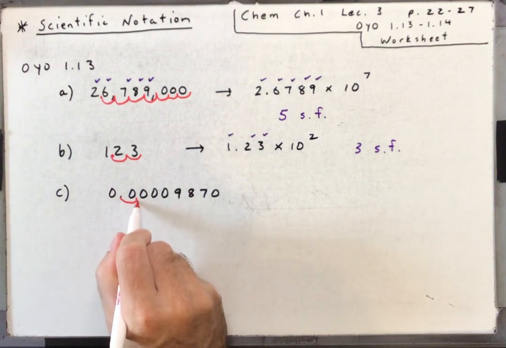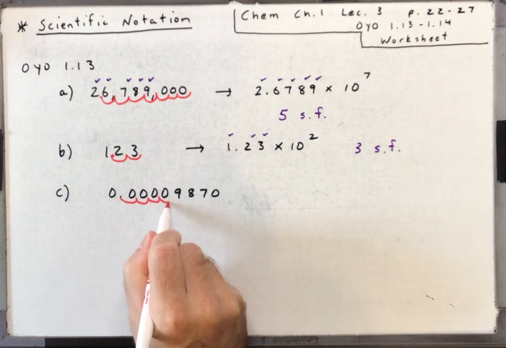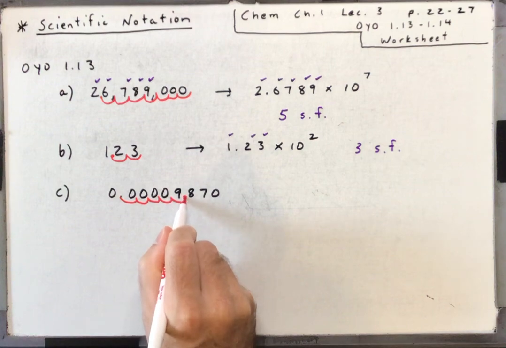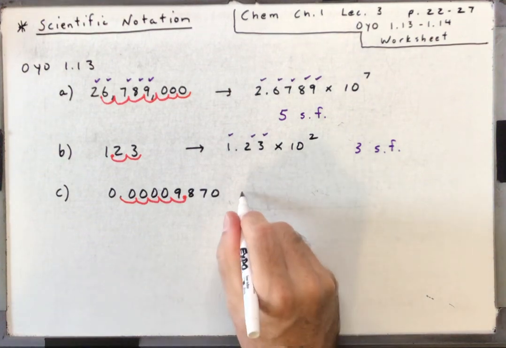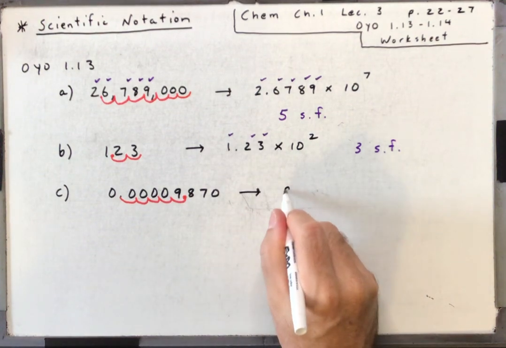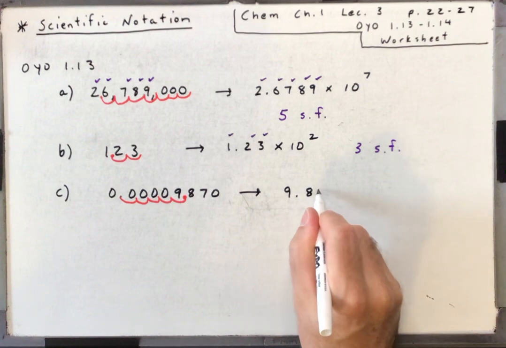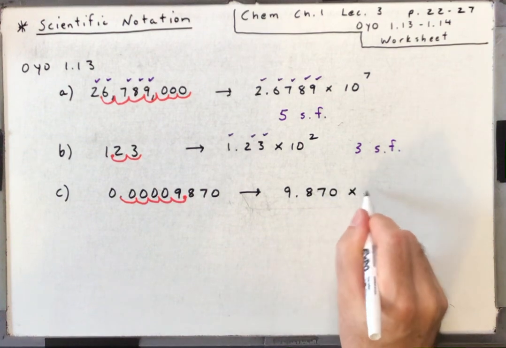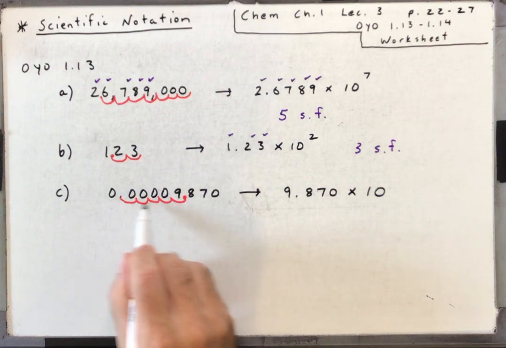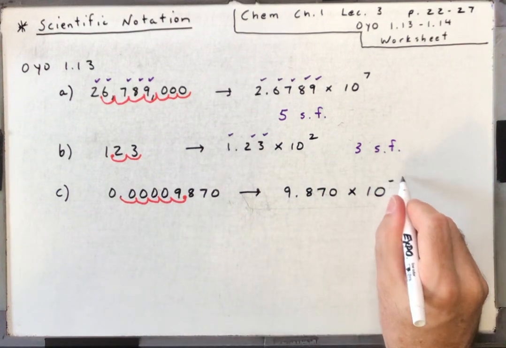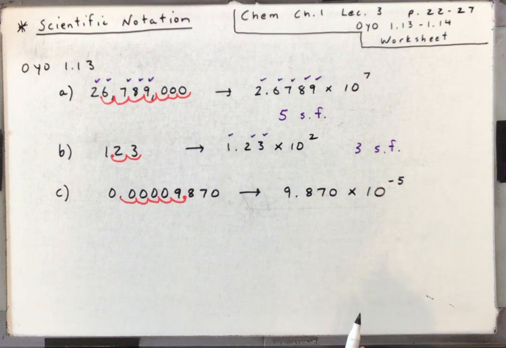So we go 1, 2, 3, 4, 5. We stop right there after the first non-zero number. So the way you would write this in scientific notation is 9.870 times 10. We went over 5 spots, but again, it was a tiny number, so times 10 to the negative 5 power.